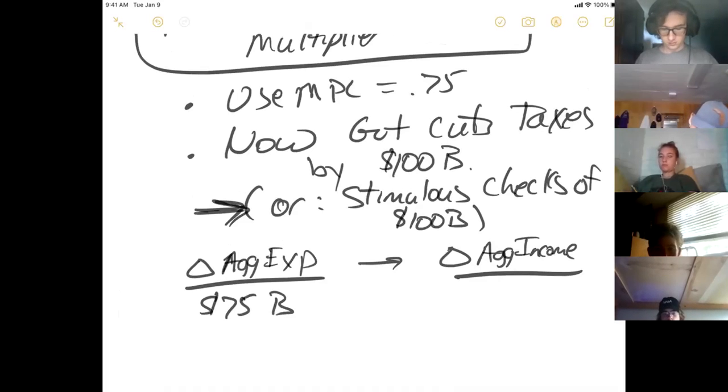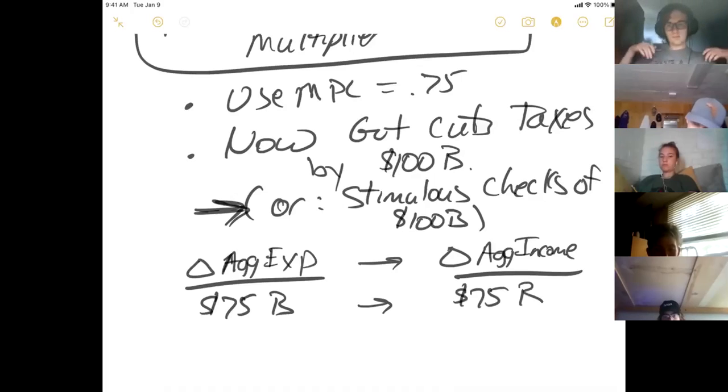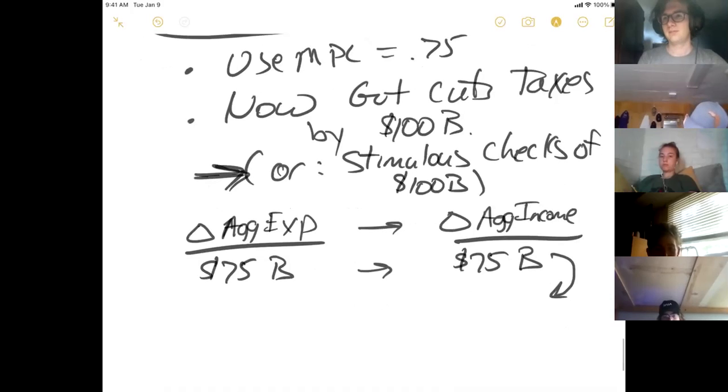And that new spending then becomes somebody else's new income. What do these people do with their new income? They spend it.